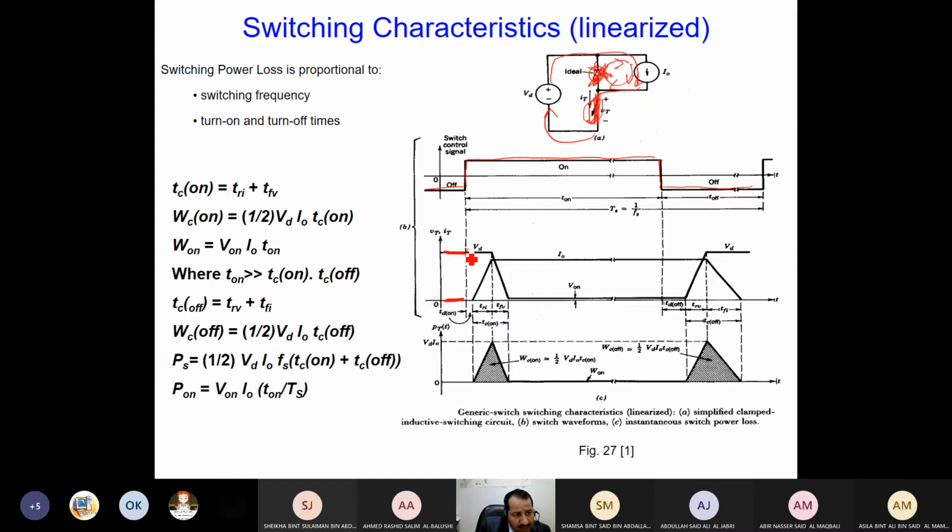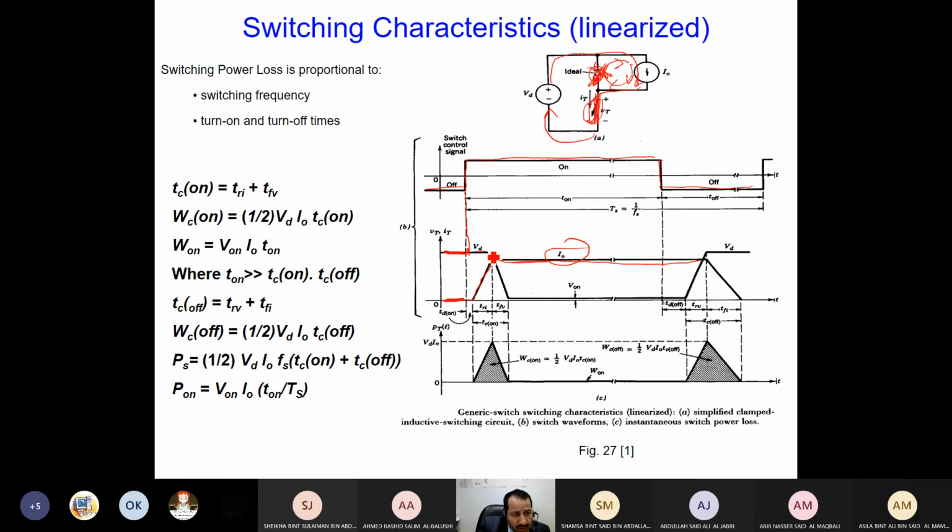And now the switch, at this point, you can see here, will be on. What happens? The current starts to increase gradually in this way until it reaches maximum current. Now it is on because it's conducting the maximum current, I output.